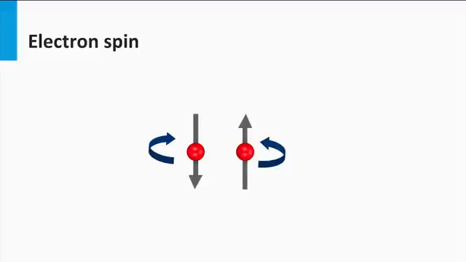Let's consider a charged body in classical electrodynamics, like these spheres. We start to rotate these bodies. The rotation of the charge will induce a magnetic dipole. Depending on the rotation clockwise or counterclockwise, the magnetic dipole will point up or will point down.